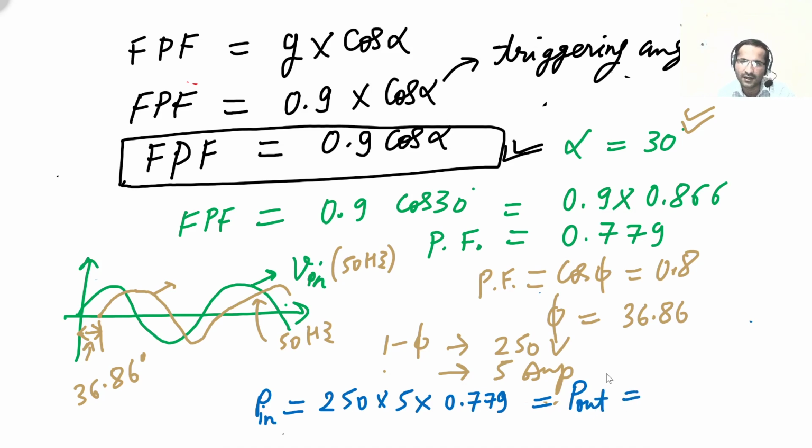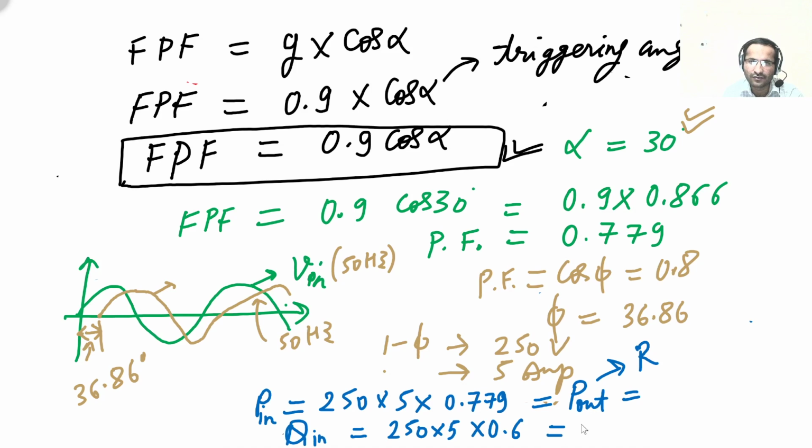In case of an RL load, this is the power consumed by the resistor at the output side. Reactive power can also be calculated: 250 into 5 into sin phi. If cos phi is 0.8, sin phi will be around 0.6. So both active and reactive power consumed by the converter can be calculated.